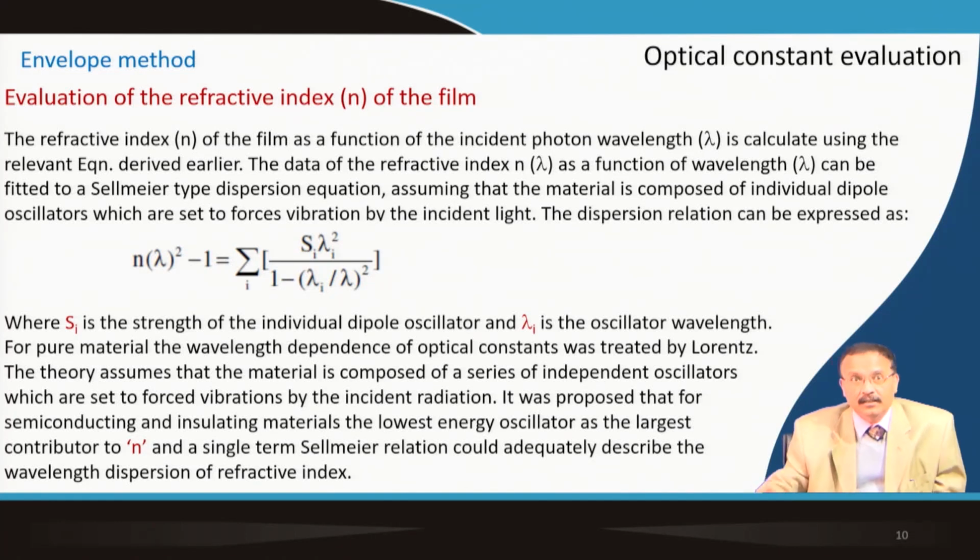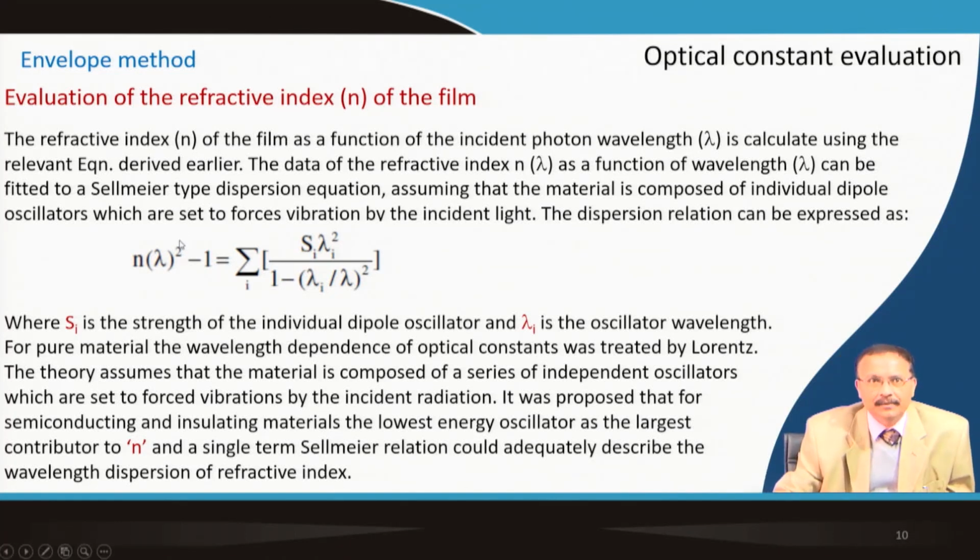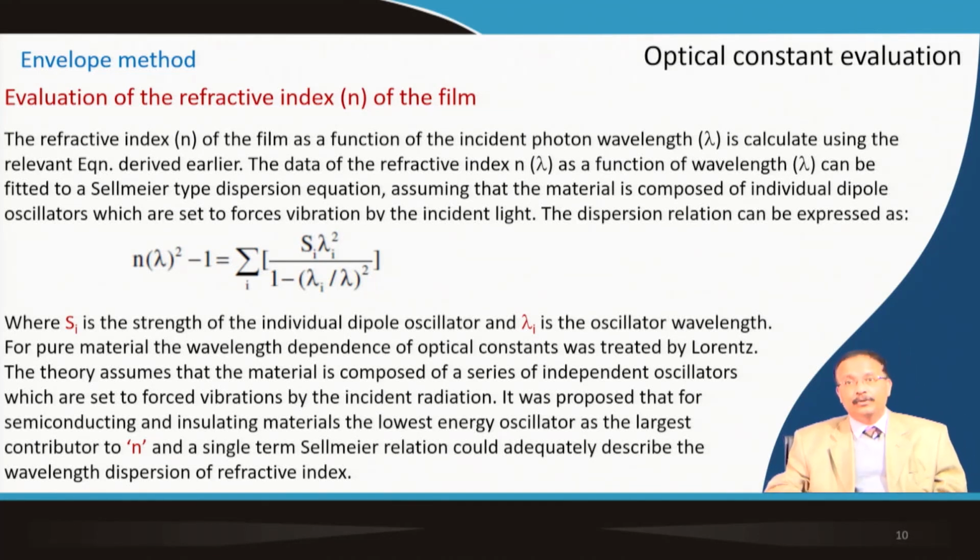The dispersion relation of this n, refractive index as a function of lambda, is given by this equation, where you can see it is a summation. If there are many individual dipoles, each having a separate wavelength, then this is just a summation over all the dipoles.